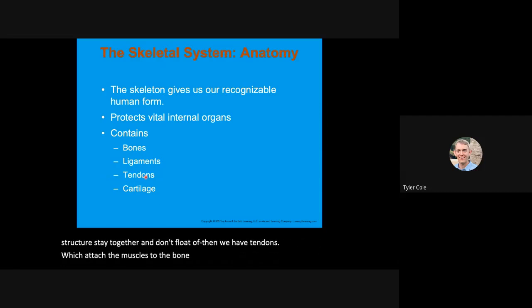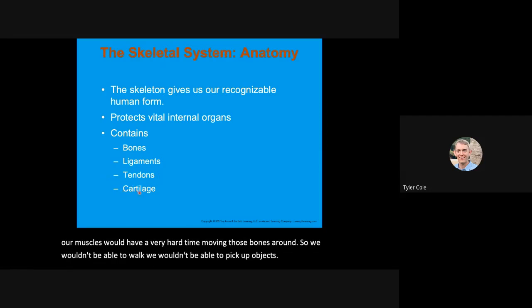So in order for us to move, we need our muscles to contract. But if there was no point of attachment to the bones, then our muscles would have a very hard time moving those bones around. So we wouldn't be able to walk, we wouldn't be able to pick up objects.